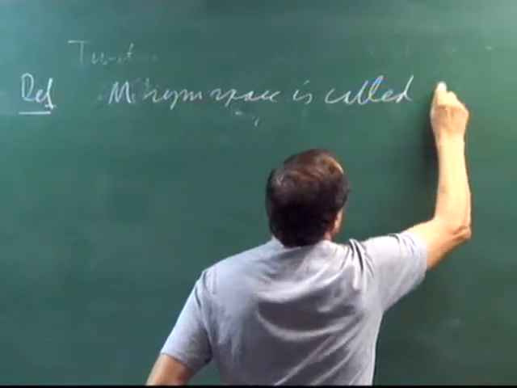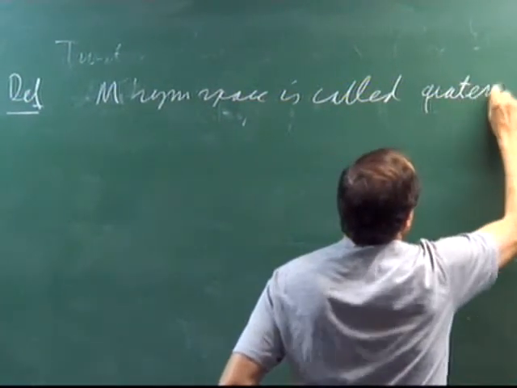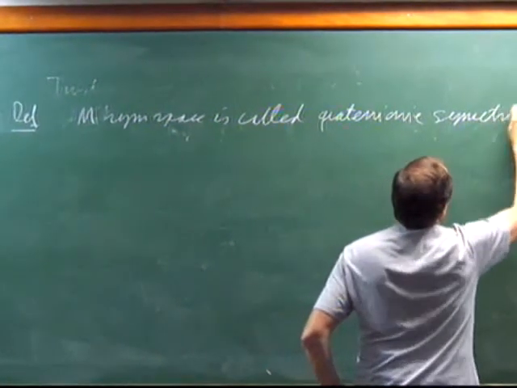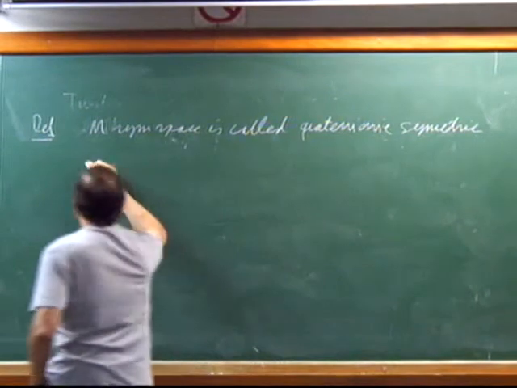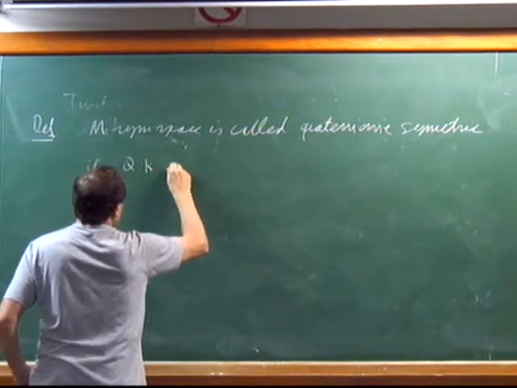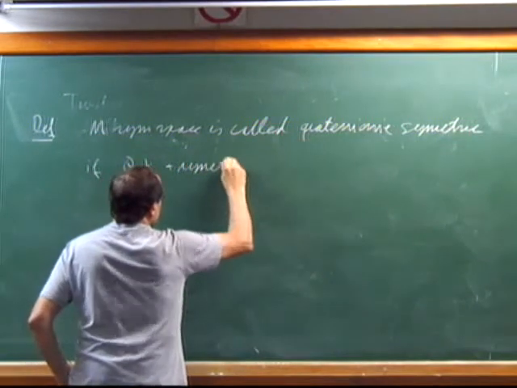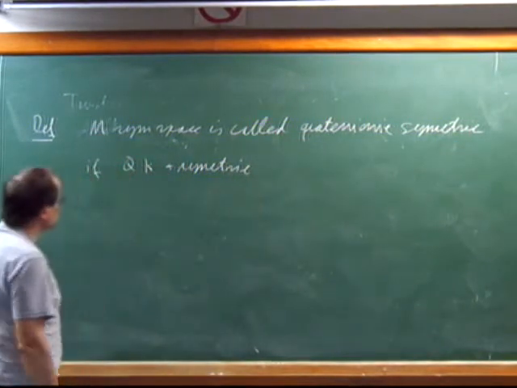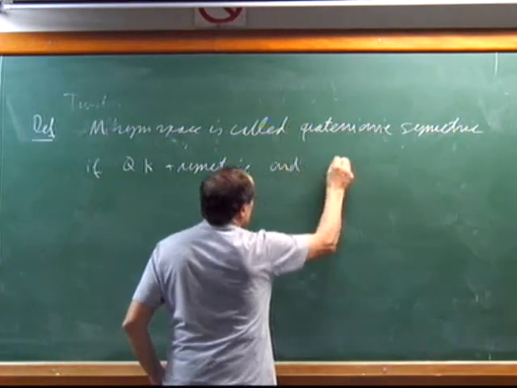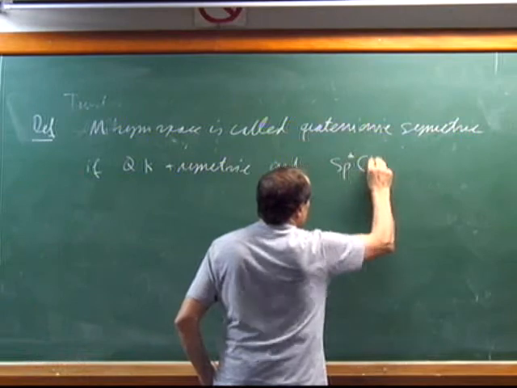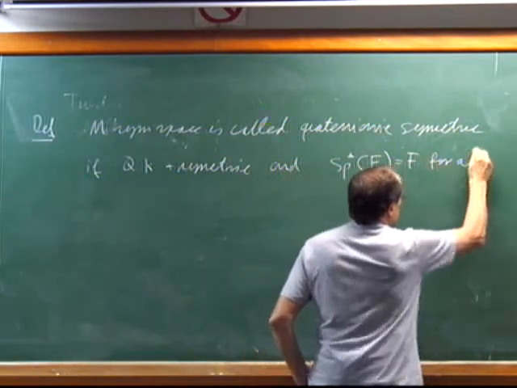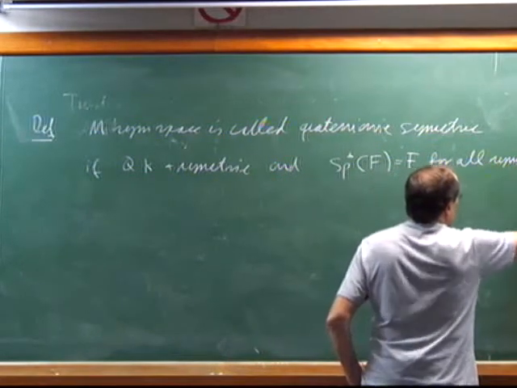It's called quaternion symmetric if it's quaternion-Kähler plus symmetric, and the relation between the two structures is that s_p^* F is equal to F for all symmetries s_p.